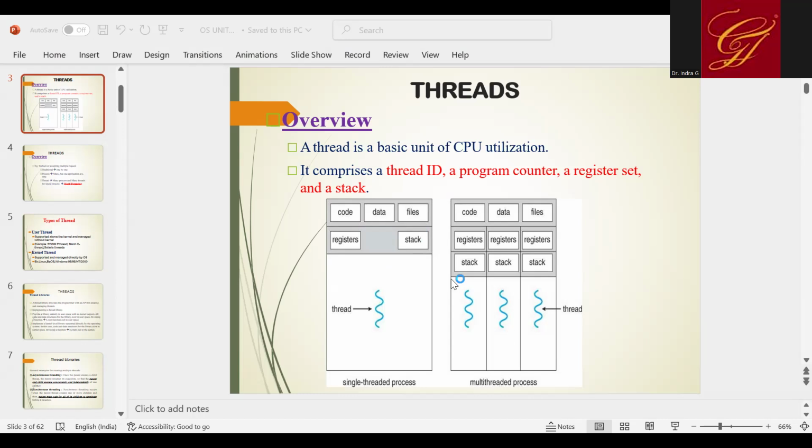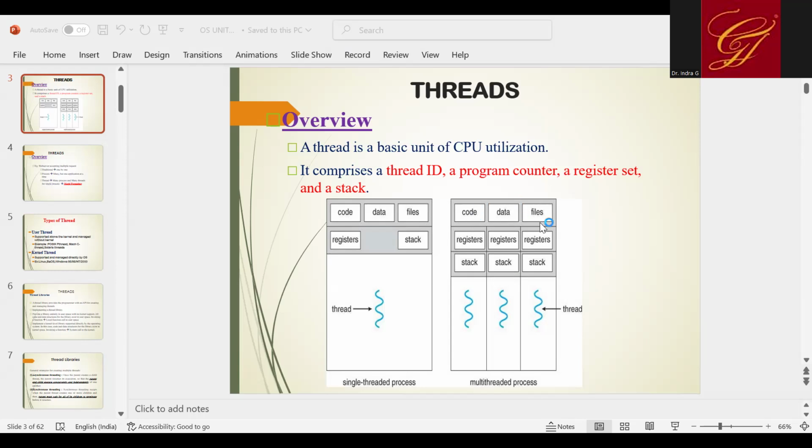Coming to the multi-threaded process, here they have given 3 threads running in parallel in order to improve the throughput. Each thread has its own stack and register part, whereas all 3 threads share the code section, data section, and file section of the memory.